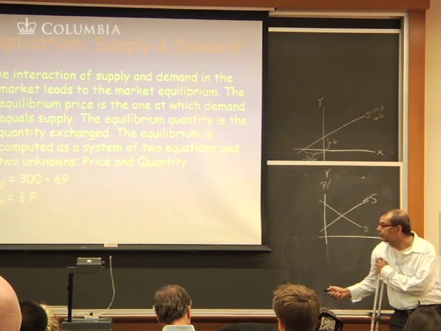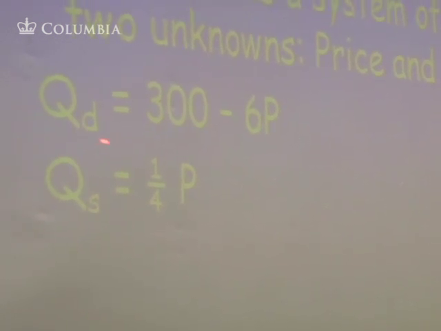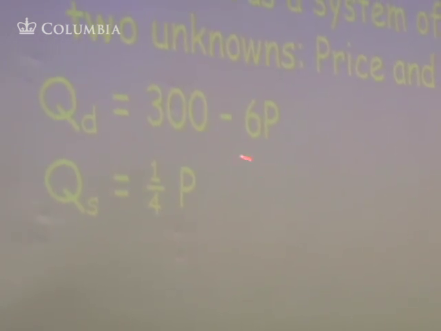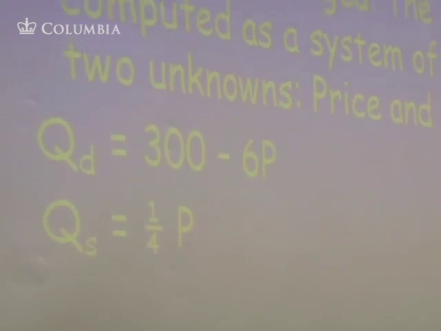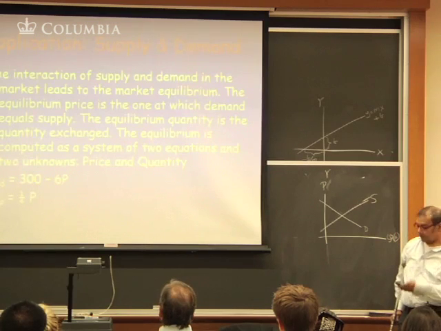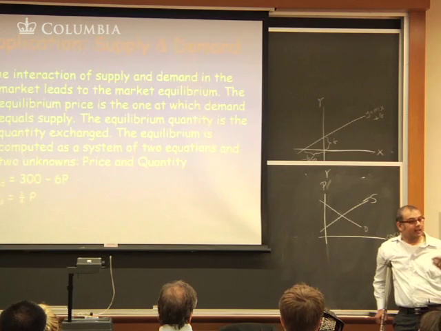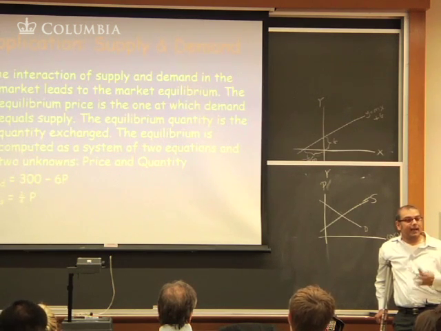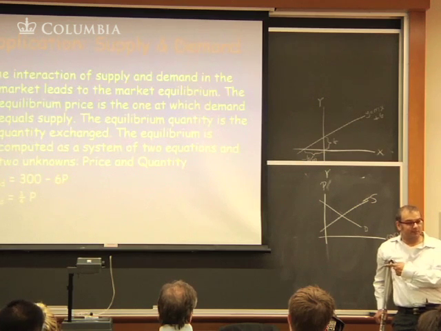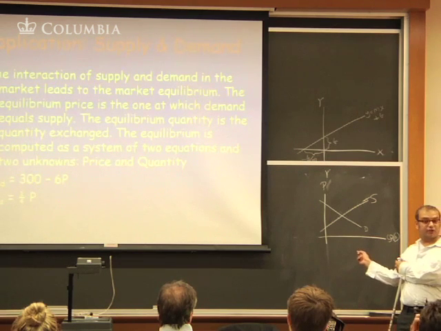Okay. So here, suppose that we have a demand curve. Quantity demanded is equal to 300 minus 6p, and quantity supplied is equal to quarter p. Okay? All the intuition that I gave you earlier about a steep slope and a shallow slope has to get reversed because of this problem, because this really is a mirror image, a transformation.